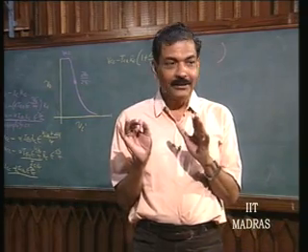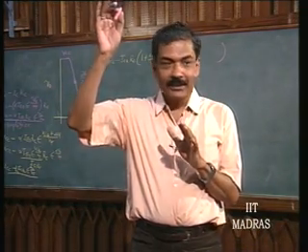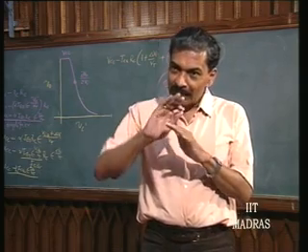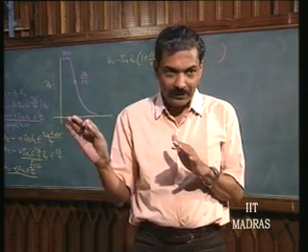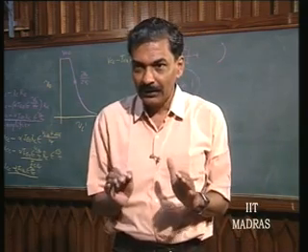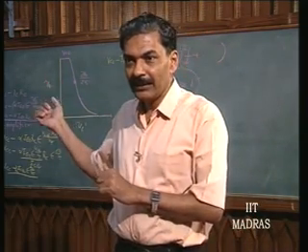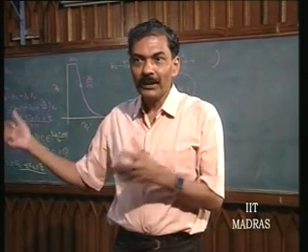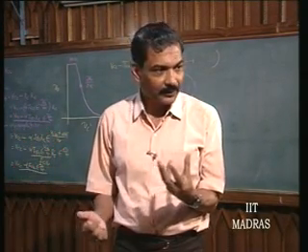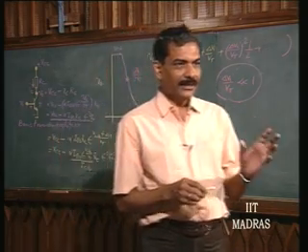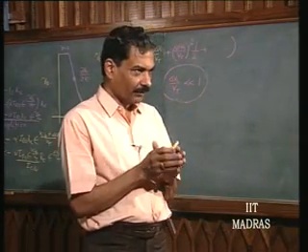It does not mean that saturation as well as cutoff nonlinearity will not come into picture. Those things are to be separately taken into account. If saturation and cutoff nonlinearities do not come into picture, then the nonlinearity resulting due to the exponential relationship is going to depend upon only delta Vi by Vt magnitude. Delta Vi by Vt should be made very small compared to 1.